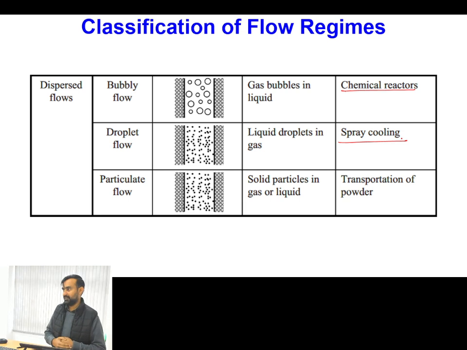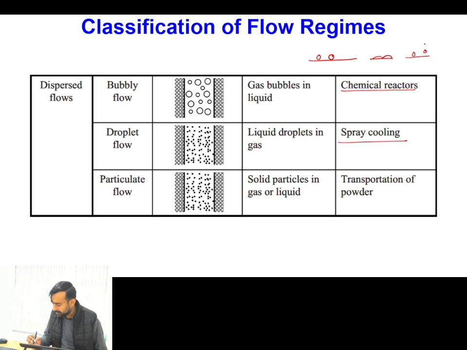Once these have struck on the surface, then depending upon the nature there can be different characteristics. For example, if multiple droplets have spread, if the surface is hydrophilic, these can spread together and form a liquid film. If the surface is hydrophobic, then these can rebound back from the surface.